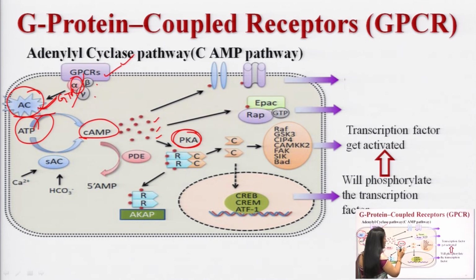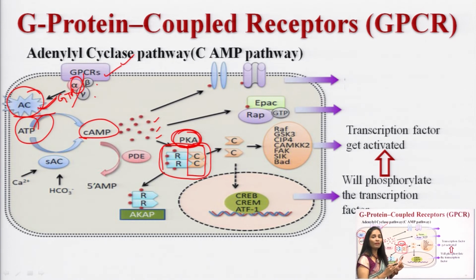You can see here, C represents the catalytic and R represents the regulatory. When the catalytic subunits bind with the regulatory subunits, it cannot show any catalytic action.